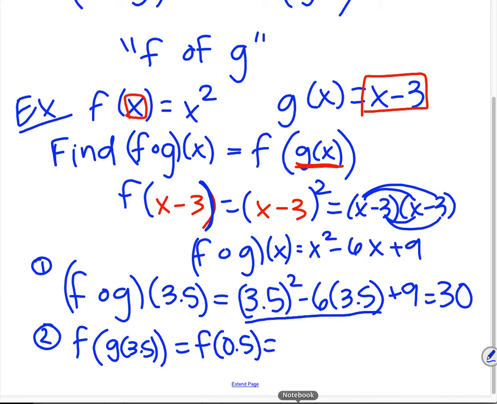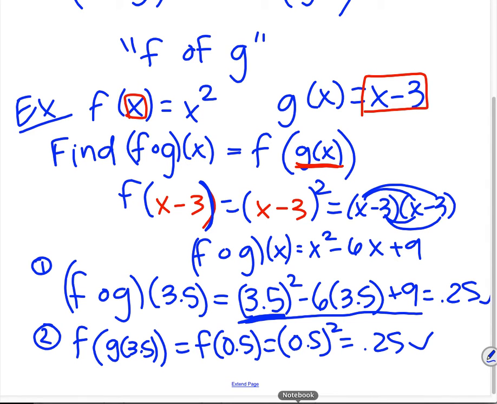That's my bad, that really should give me 0.25. I forgot the squared part. But if I find f of 0.5, then I do 0.5 squared, which gives me 0.25. So it works to do it both ways.